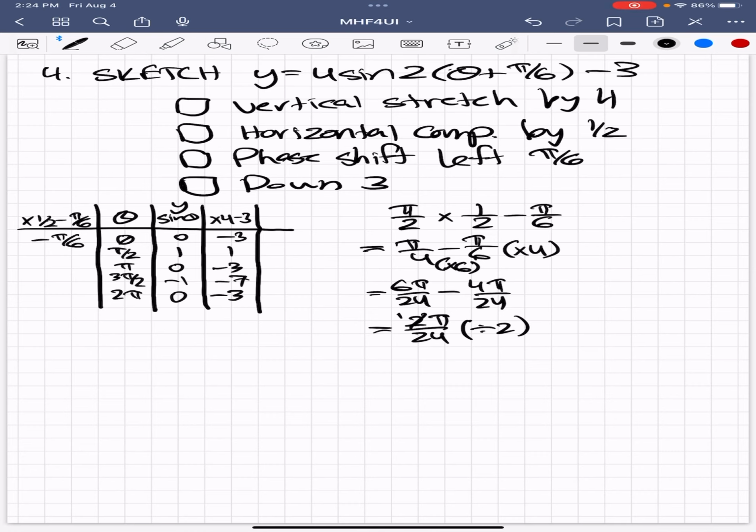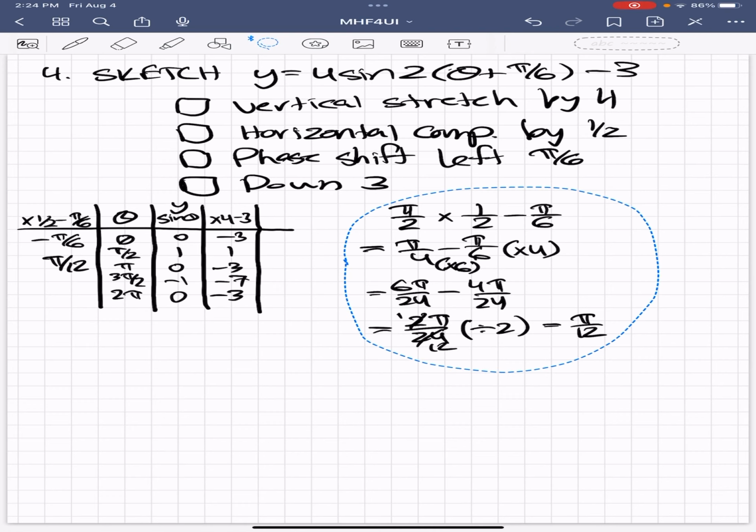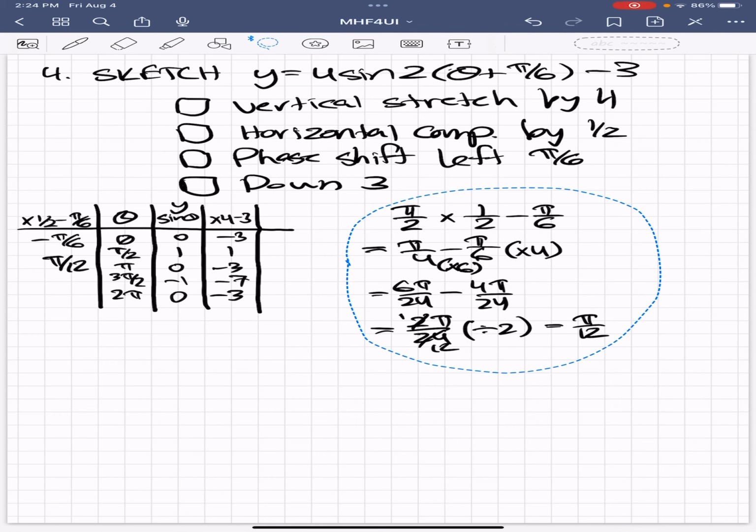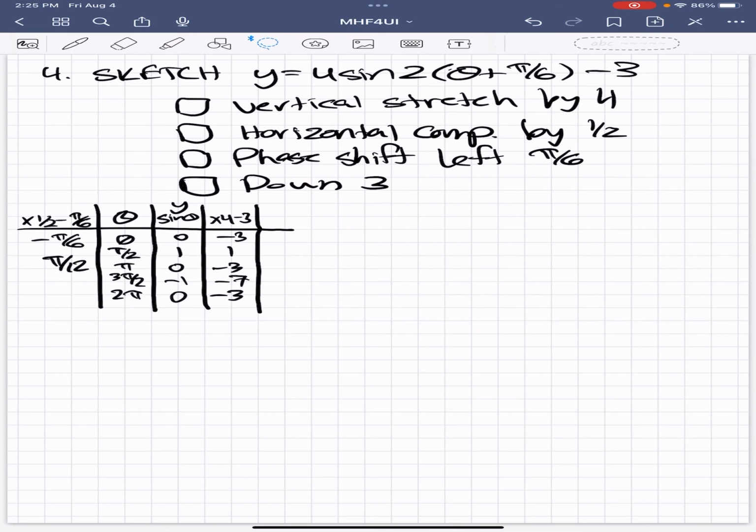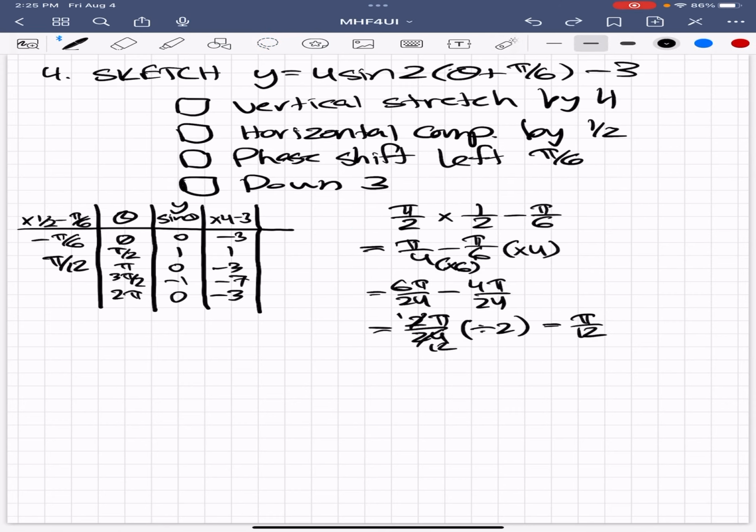Okay, 2 goes into 2 one time. 2 goes into 24 12 times equals pi over 12. Okay, so we're going to circle that. I'll give you 1 moment to pause the video. And now it's deleted. A pi over 12 is too big.